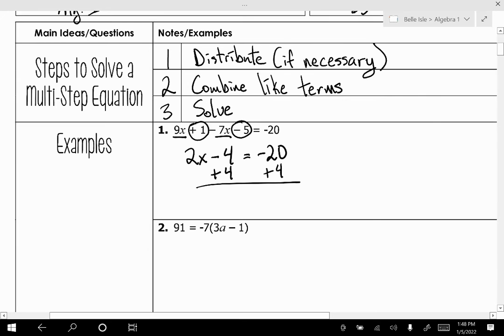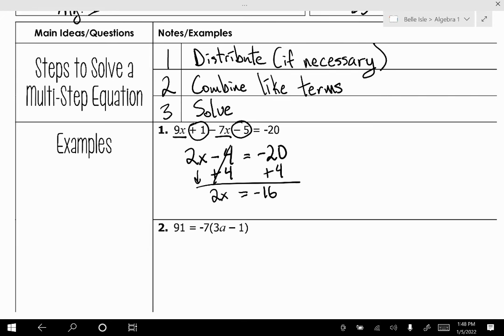Whatever you do to one side, you have to do to the other. These 4s are going to cancel out. Bring down the 2x. Negative 20 plus 4 is a negative 16. Now we have 2x equals negative 16.